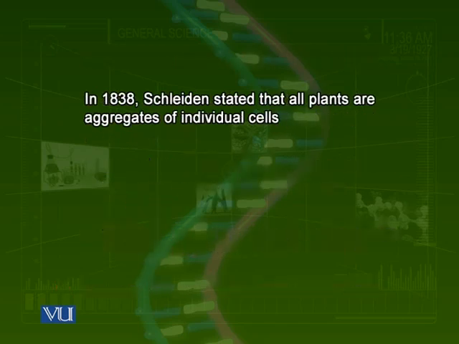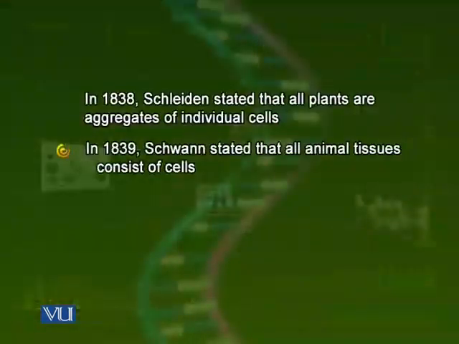In 1838, a botanist named Schleiden stated the first part, actually half, of the cell theory: that all plants, the multicellular plants, are aggregates of cells. Later on, another cytologist, more precisely a zoologist, an animal scientist, Schwann, stated that all animals also consist of cells.